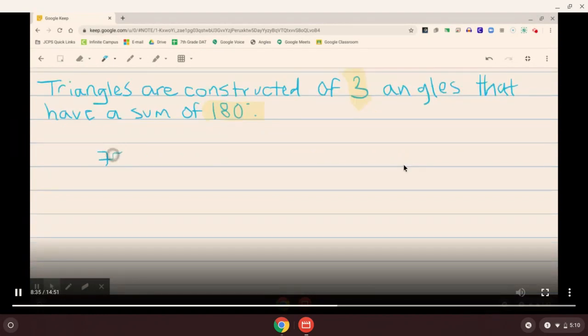We are going to start by making an angle that is 75 degrees. We're going to do that one together so that we all make sure we know how to use a protractor to make an angle. Then individually, I want you to do a 105 degree angle.